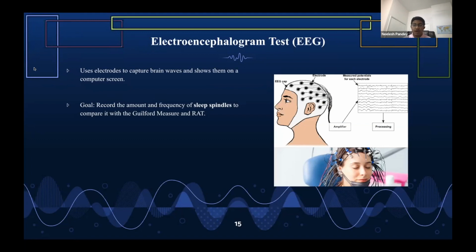As sleep spindles are identified by their high frequency and a high burst of that high frequency, we'll be able to find a correlation between the sleep spindles and the Gopher measure and Remote Associates Test. That way we see what creativity is and that portion with the amount of sleep spindles and are able to make that connection.